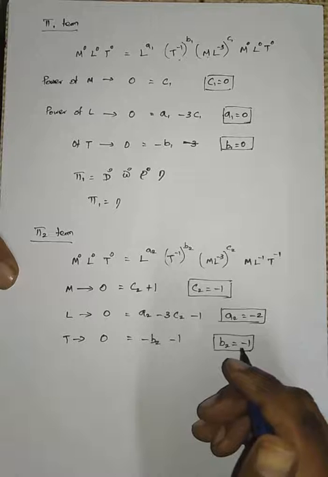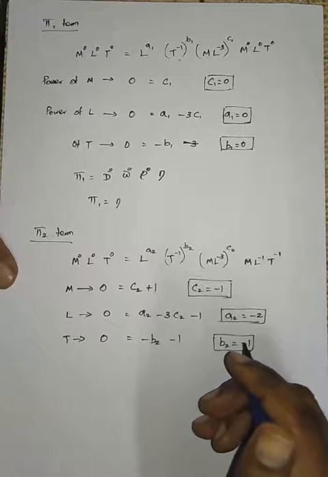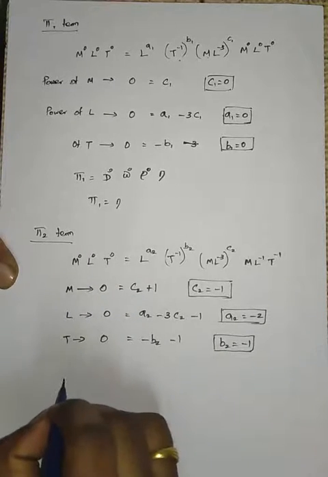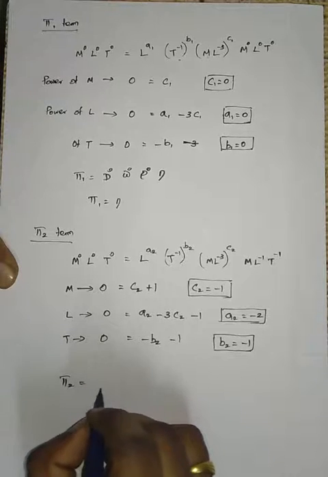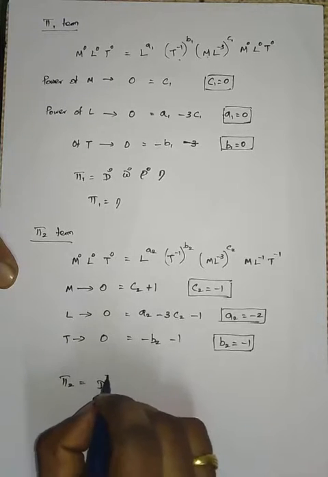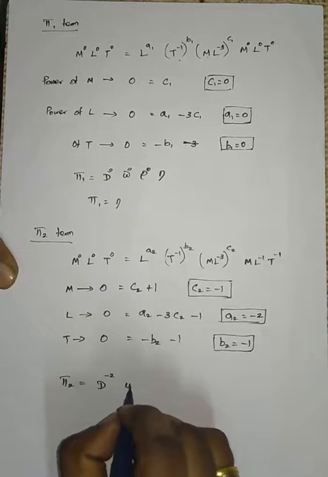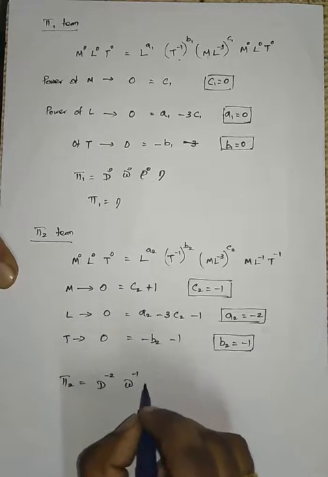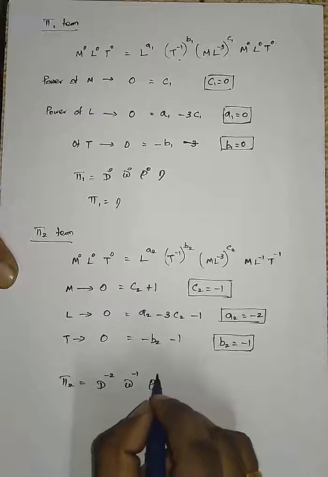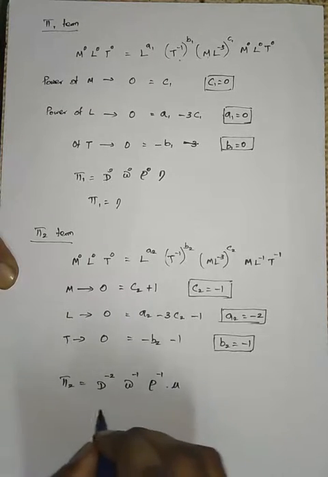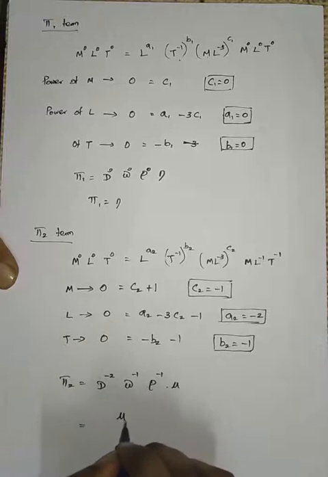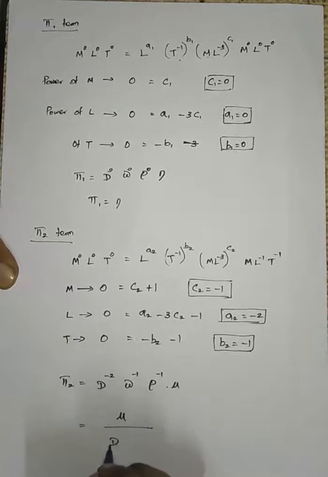Now substitute the a2, b2, c2 values in the pi 2 term. So pi 2 equal to d power a2 which is minus 2, omega power b2 which is minus 1, rho power c2 which is minus 1, then into mu. So you will get mu divided by d squared omega rho.